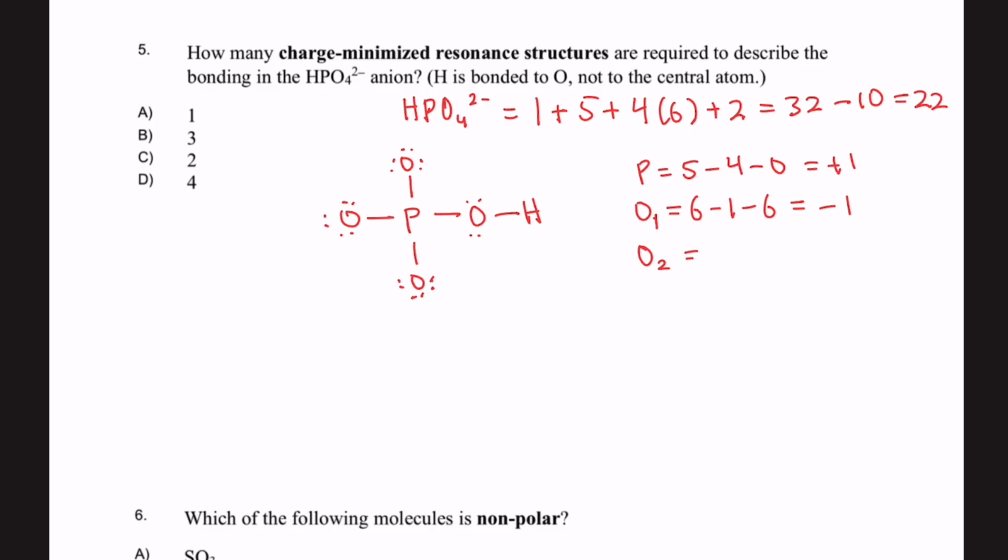And for the other oxygen, I'll call this OA and OB because I don't want it to seem like oxygen gas. The OB is going to be the one with the hydrogen connected to it, and that is going to be 6 minus 2 minus 4. So that one has a formal charge of 0. So because I have phosphorus with +1 and the oxygens have -1, I can form a double bond.